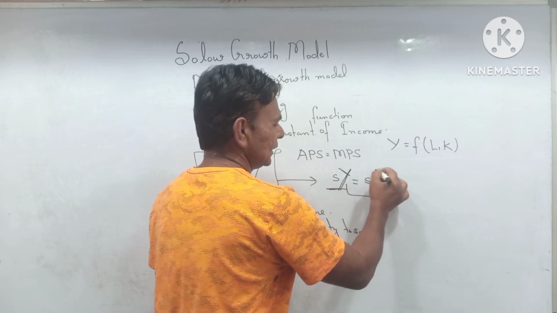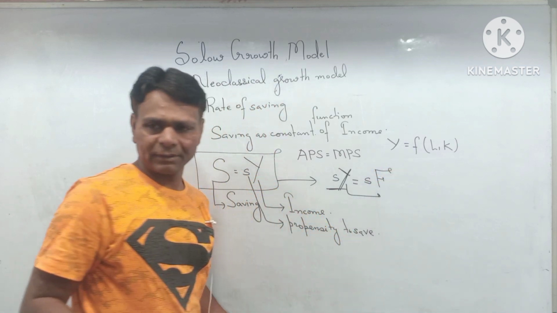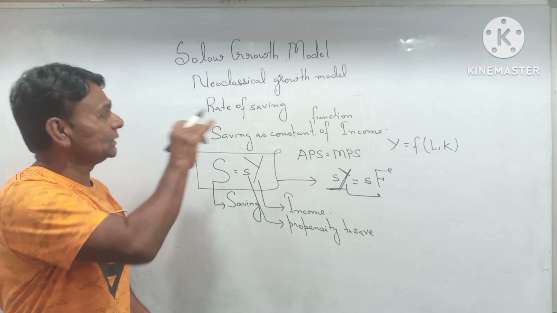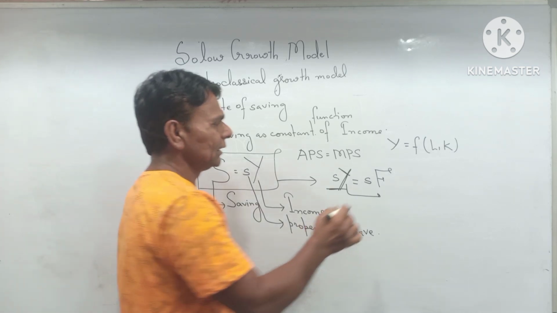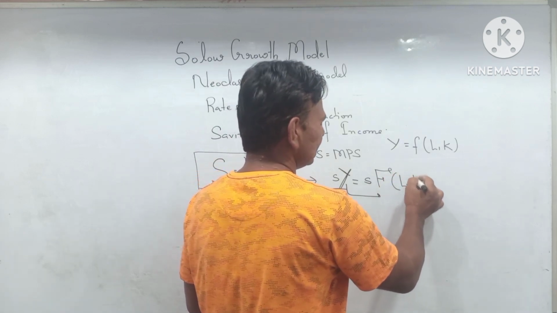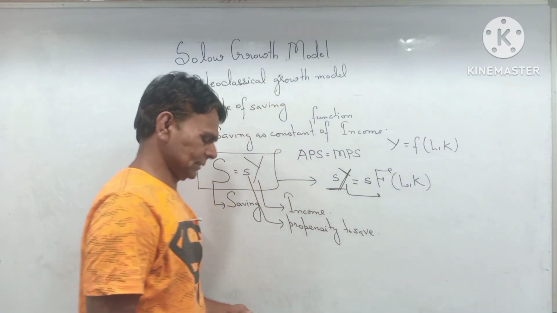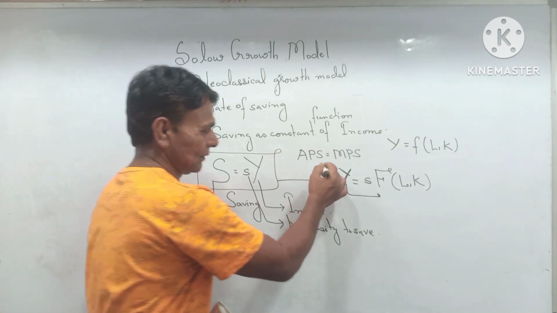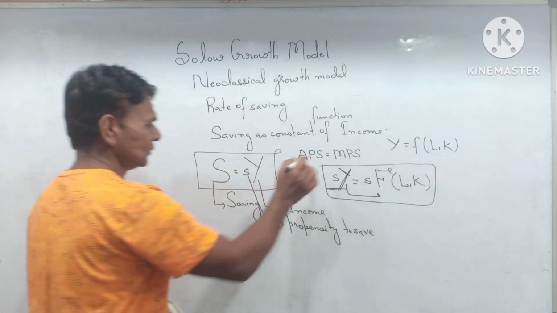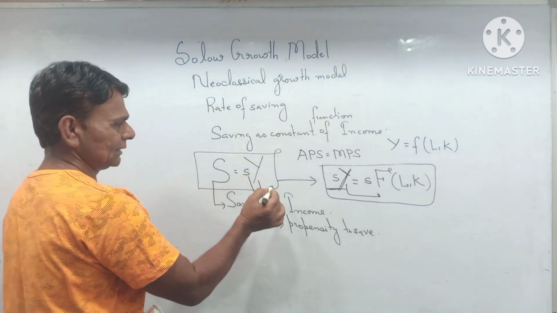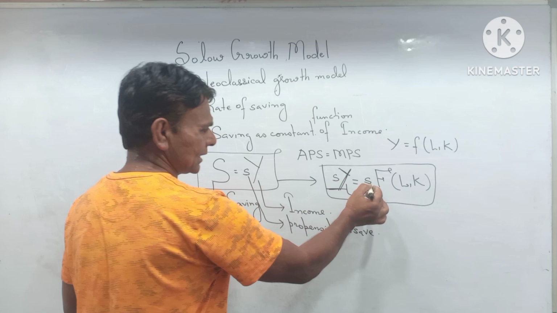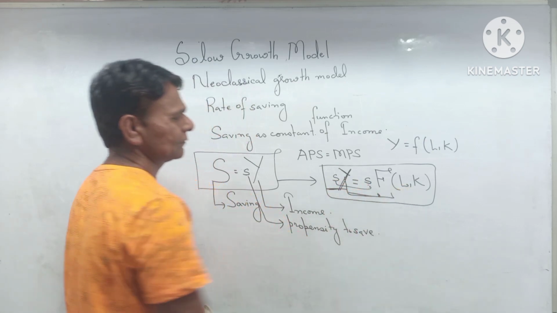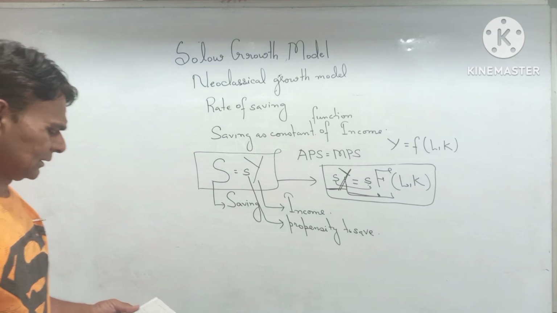To produce GDP, two factors of production are needed, as assumed in the new classical growth model, labor and capital. One is variable and the second factor is fixed. S is as it is, and Y equals F, the production function.